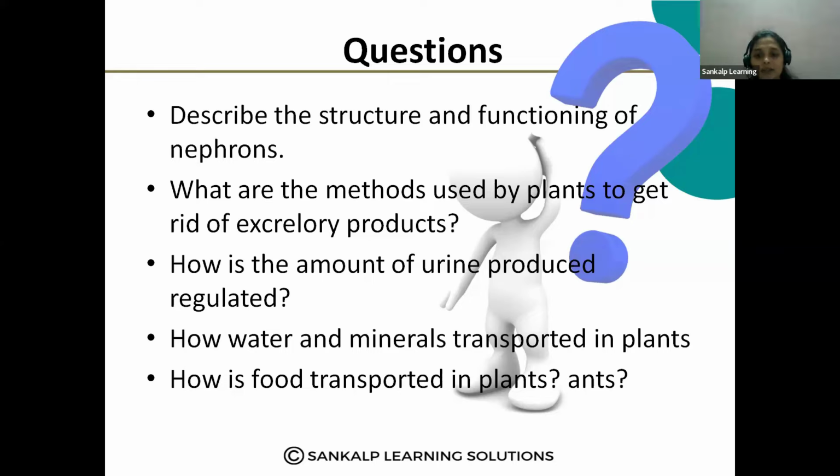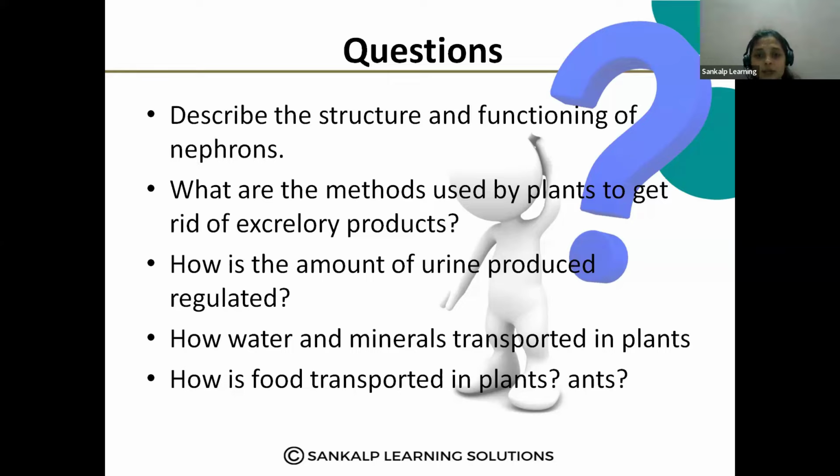Then transportation in plants, by xylem and phloem. Then excretion, the excretory system in the human body. So this is what we studied in the life processes chapter, one of the very important chapters.